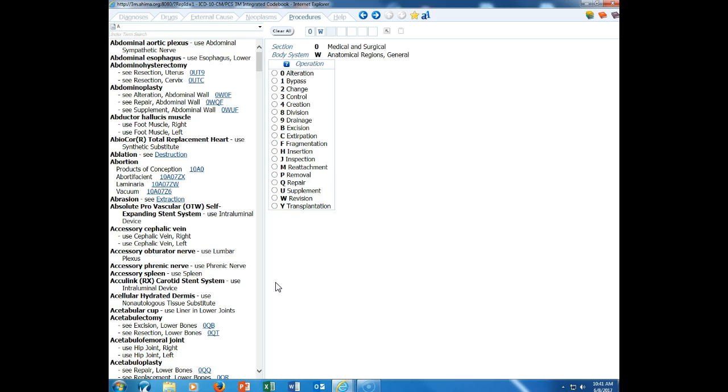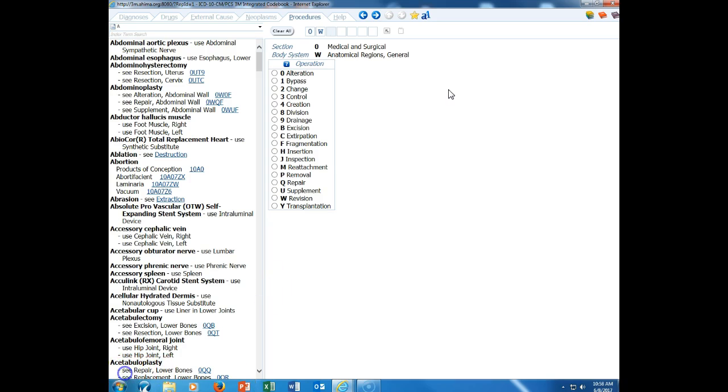It also tells us that if body parts are designated as either upper and lower, the dividing point is the diaphragm. Anything above the diaphragm is considered upper. Anything below the diaphragm is considered lower. So keep those in mind.